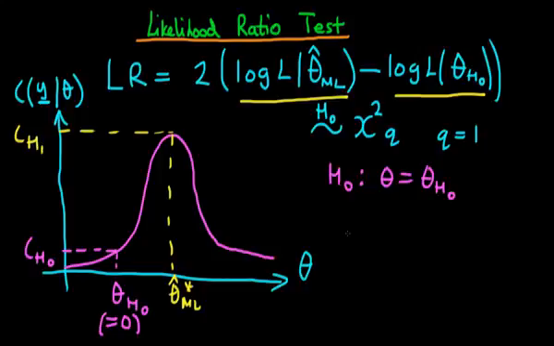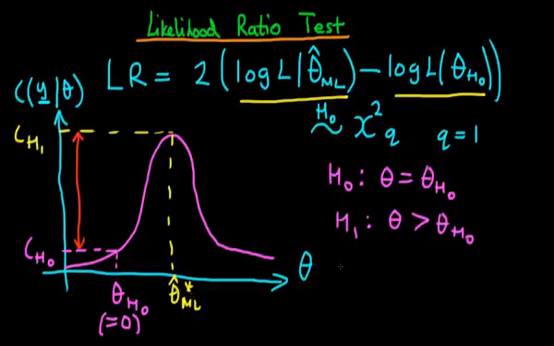So in this particular example, H1 is the case where theta is greater than the null hypothesis value of theta. The idea behind the test is that if there is a significant difference between these two values, perhaps as I've indicated here, then it's very unlikely that the null hypothesis is true, because we can improve our log likelihood, or in other words our likelihood, significantly by moving from our null hypothesis value of theta to that which is obtained via maximum likelihood.